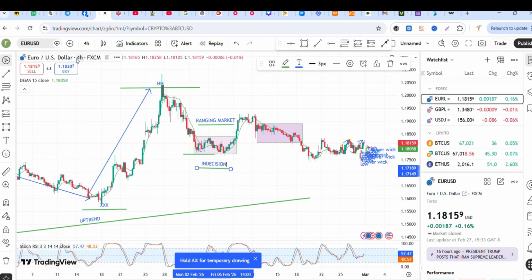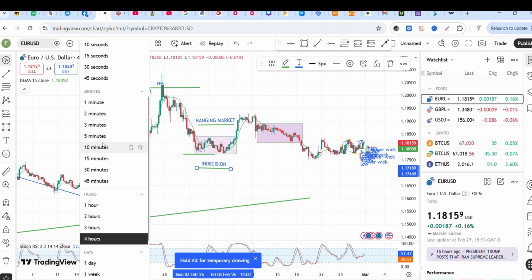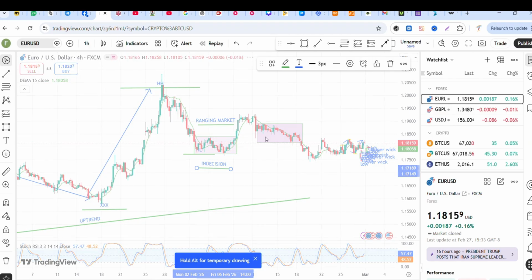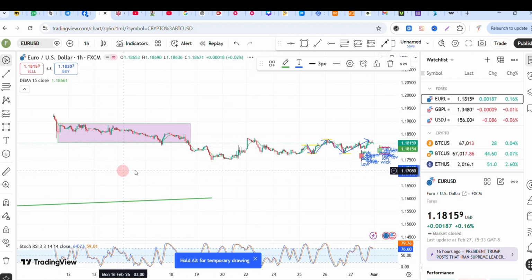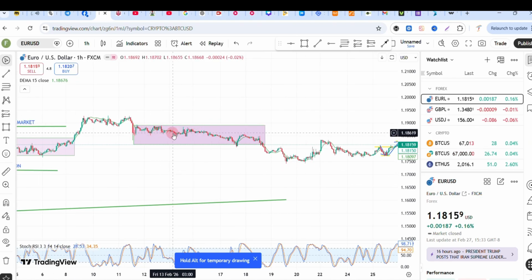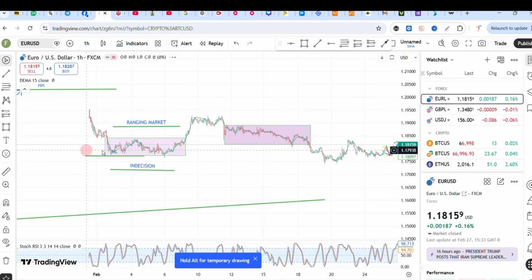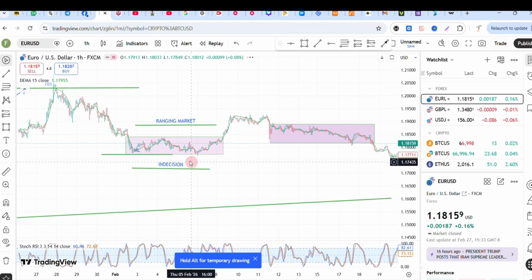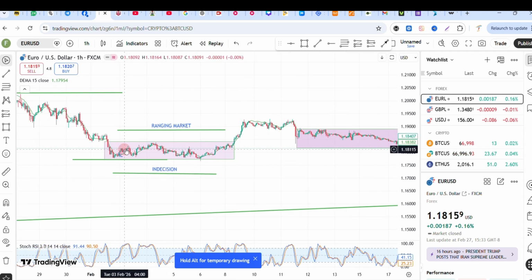And let me see, if we go down to a lower time frame, let me say 1 hour, you can see this more clearly. You see the market is just moving slowly. You can look at it here too. That is what's been happening, moving slowly, slowly.